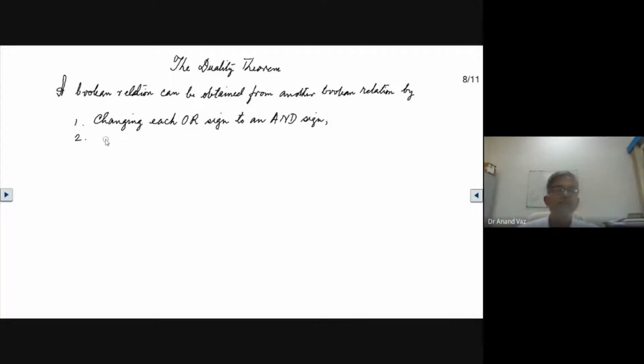Second, you also have to change each AND sign to an OR sign.